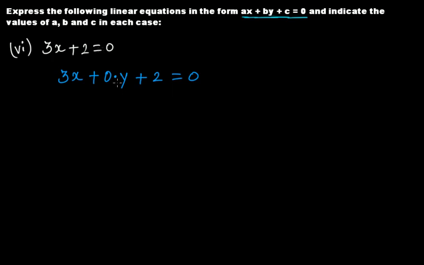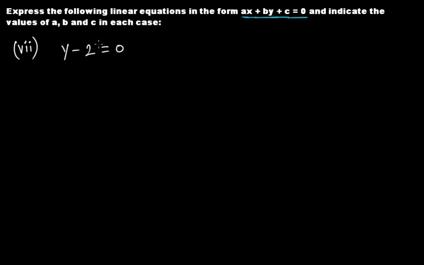But here when you put 0 multiplied by y, then actually you have expressed it in the form of a linear equation in two variables, but it is still a linear equation in one variable, because we have learned in a linear equation in two variables your a and b cannot be equal to 0. So by comparing this with the general representation of a linear equation in two variables, this is A, this 0 is B, and this 2 is C.